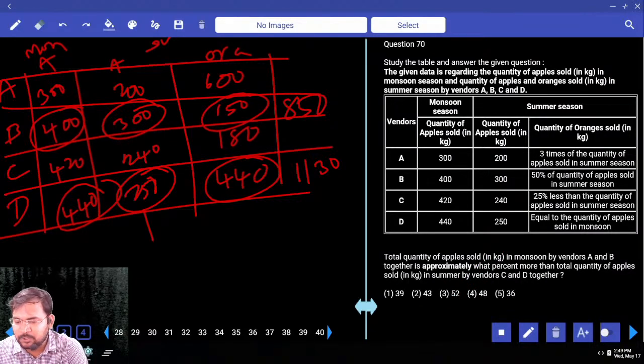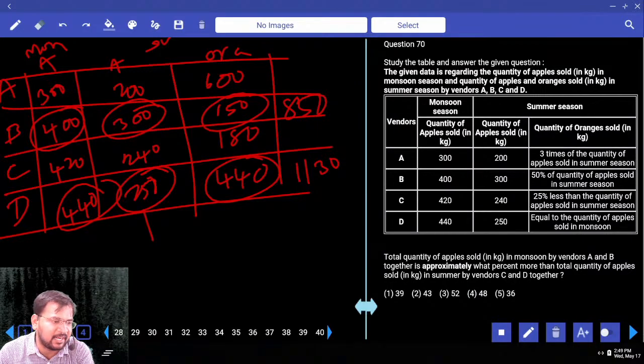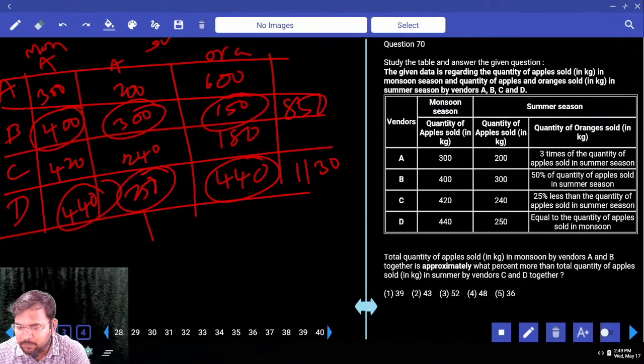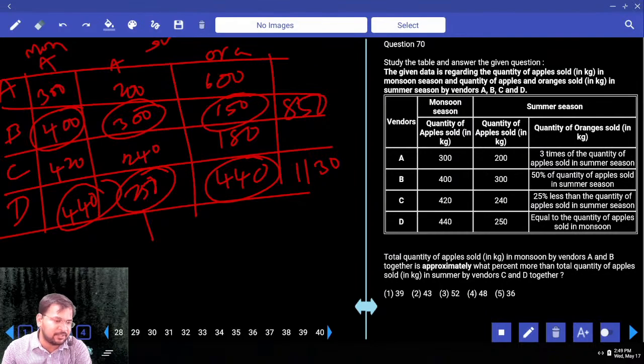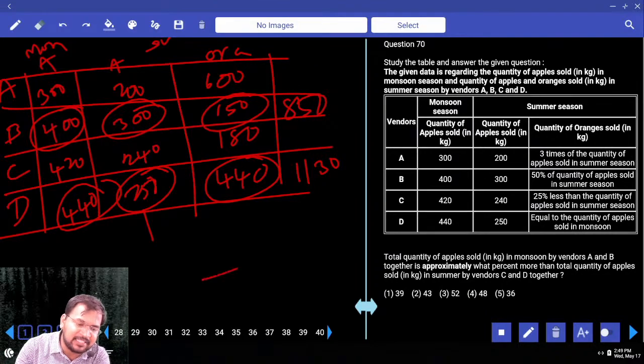Total quantity of apples sold in monsoon by vendors A and B together is approximately, monsoon apples A and B, A and B monsoon is 700, is what percentage more than the total quantities of apples sold in summer by vendors C and D? C and D is how much? 490. 700 is how much more than 490? 210.